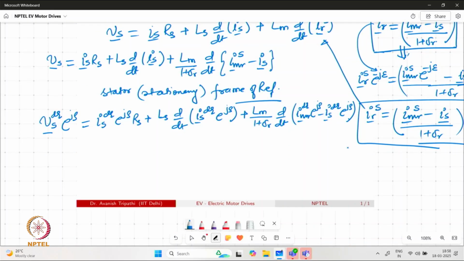Now the last term can be opened, because there is a term related to the stator current and there is another term related to stator current at this position.